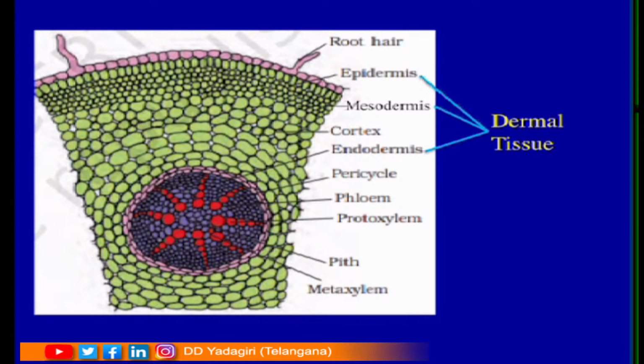Here very prominently you can see the endodermis tissue which is protecting the vascular tissue, that is the conductive tissues. So, we will learn more about the functions of the dermal tissue.